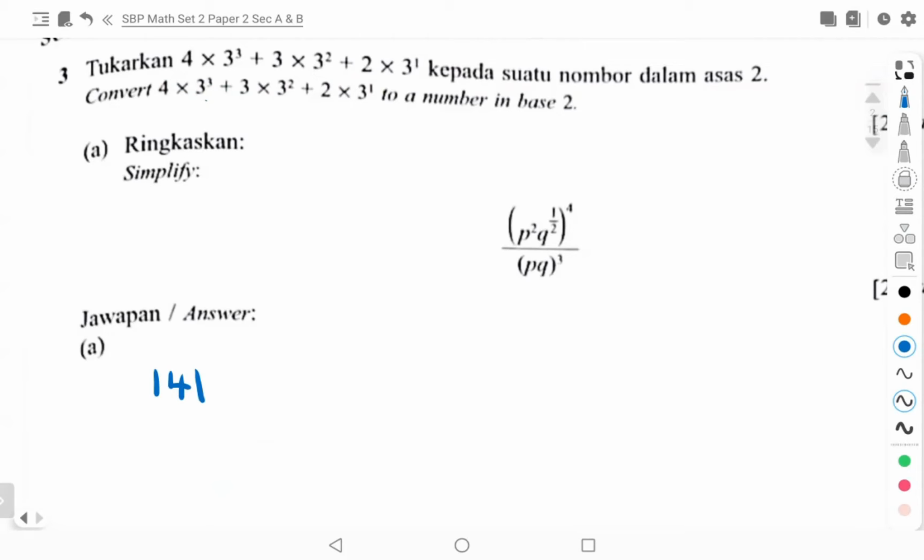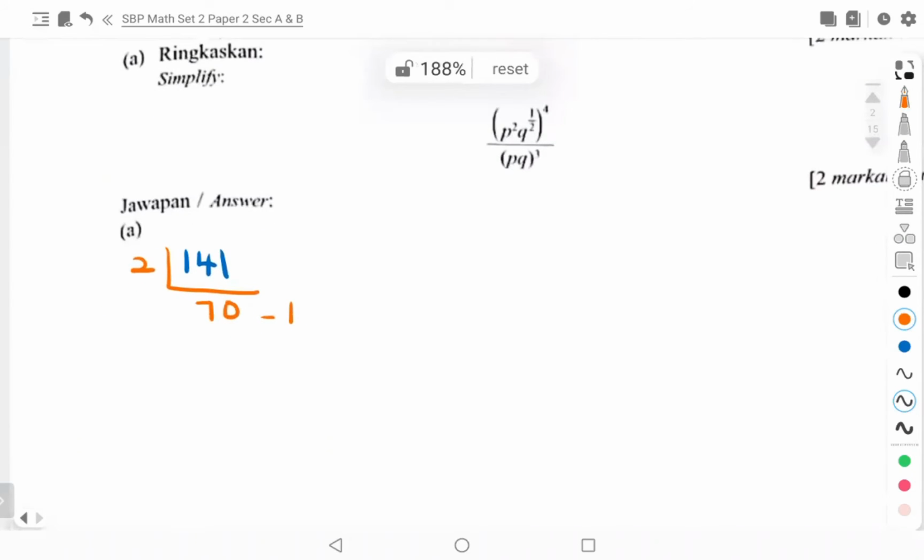Okay, so 141, now you convert to a number in base 2. So from big to small, you need to divide. You have to do the division. Divided by 2, 70, then you have the remainder 1. Then you proceed to divide until 0. So 35, remainder 1.